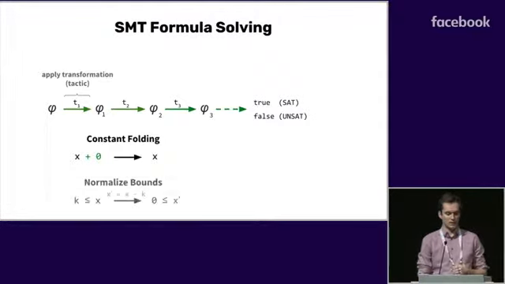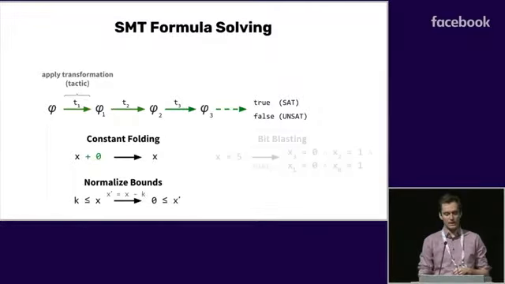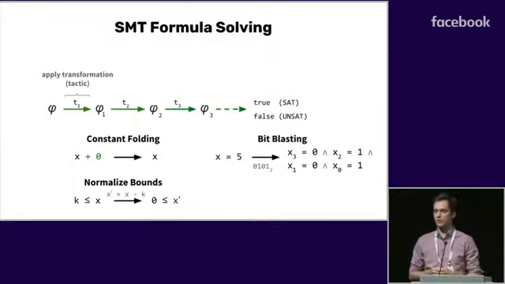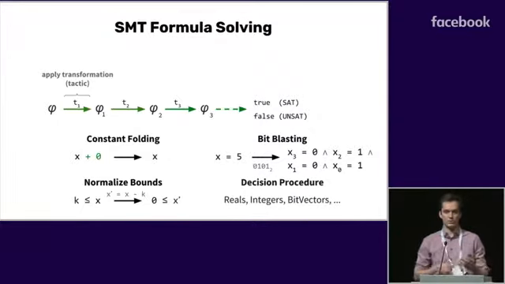It can be something that tries to rewrite the formula into a semantically equivalent formula, but one that is easier to solve later on. It can really change the representation over which we are working. So for example, instead of representing numbers as integers, we can change the representation to a bit vector representation, where for each bit we introduce a new variable. Or finally, we can use a set of decision procedures that try to solve a particular theory.